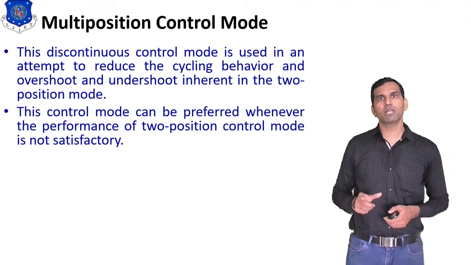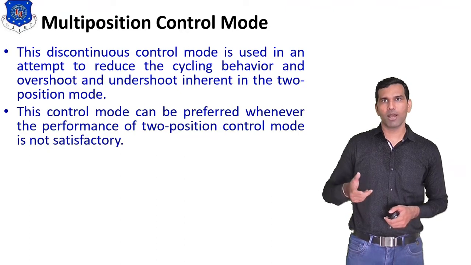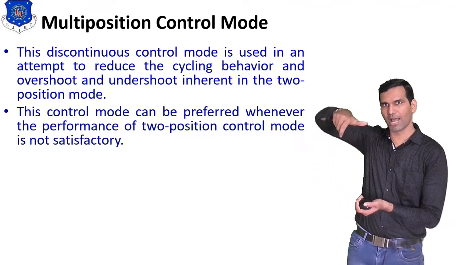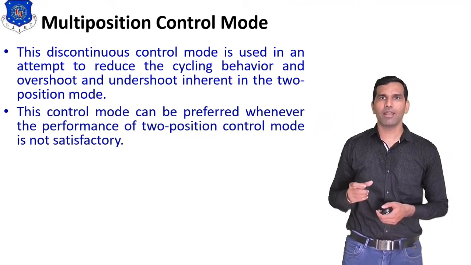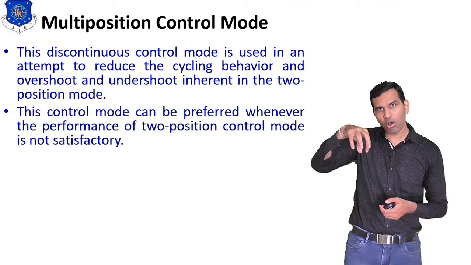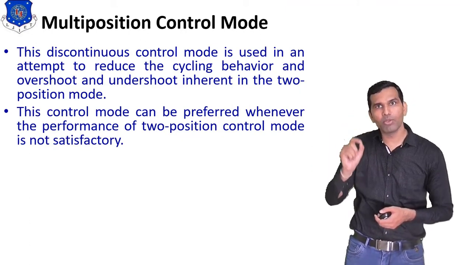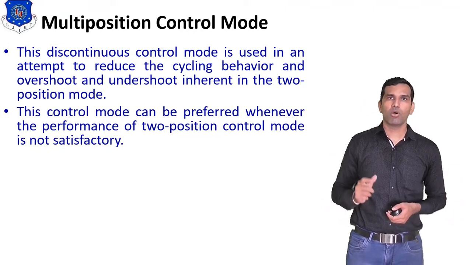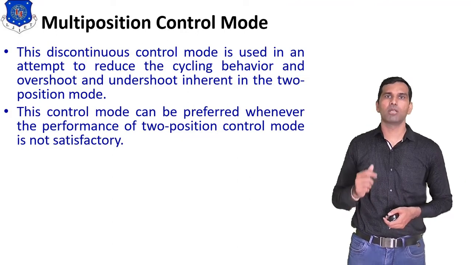In the two-position mode, we have only two options: we have to open the valve fully or close the valve fully. But at the same time we require to increase the flow or decrease the flow. At that time we require multi-position control mode. So this can be possible with the help of the multi-position control.